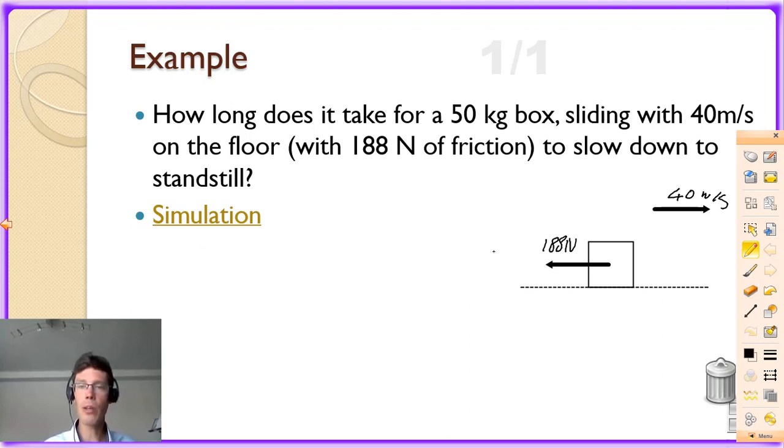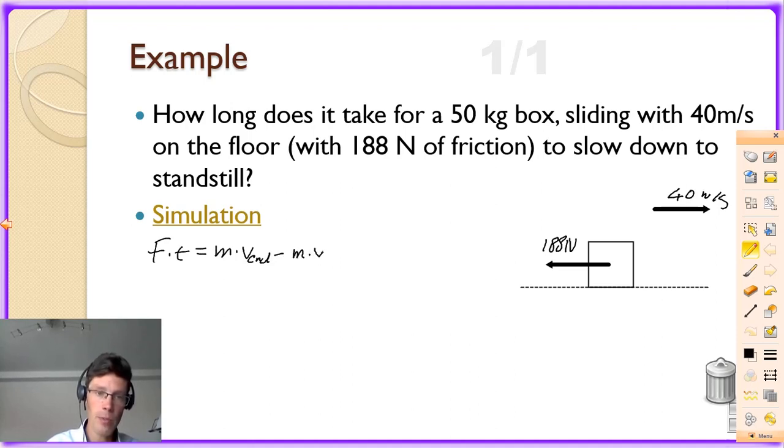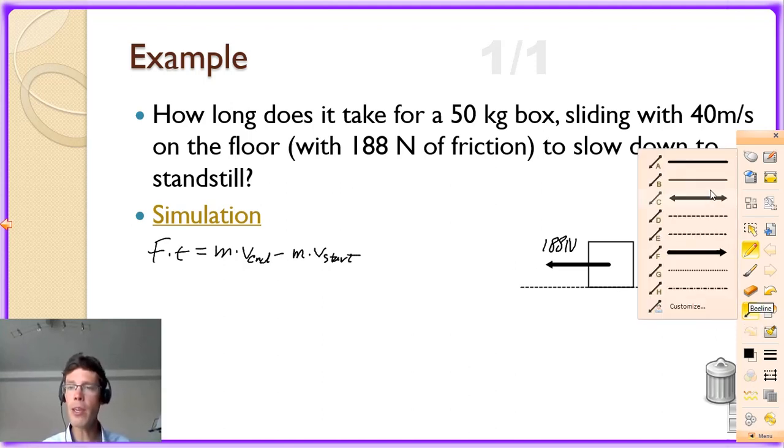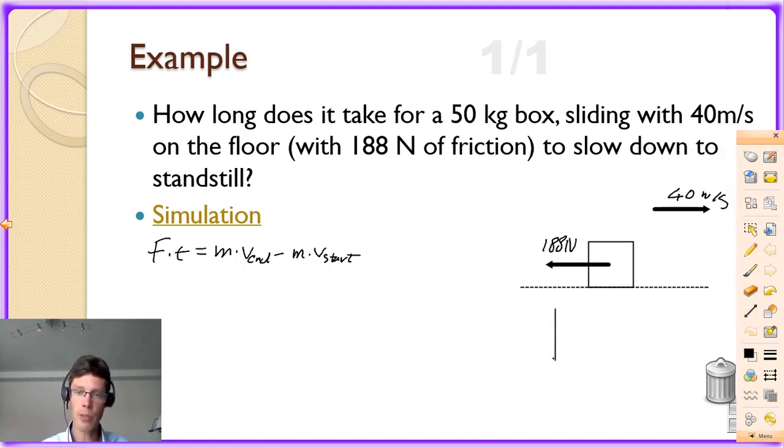Let's take a look at our formula. This was F times t equals mass times v end minus m times v start. Now in this case the vt graph of this object, which I will sketch now, will look something like this.